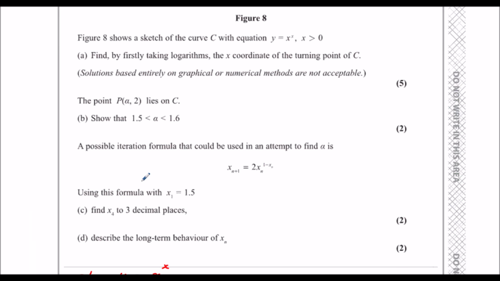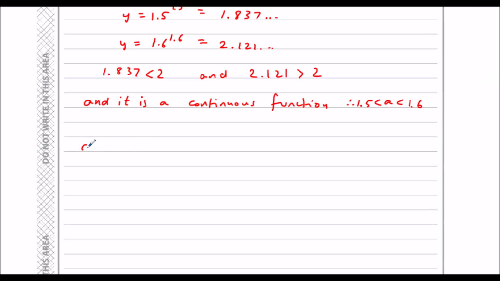A possible iteration formula that could be used in an attempt to find alpha is x(n+1) equals 2x(n) to the power of 1 minus x(n). Using this formula with x1 equals 1.5, find x4 to 3 decimal places. So x(n+1) equals 2x(n) to the power of 1 minus x(n).